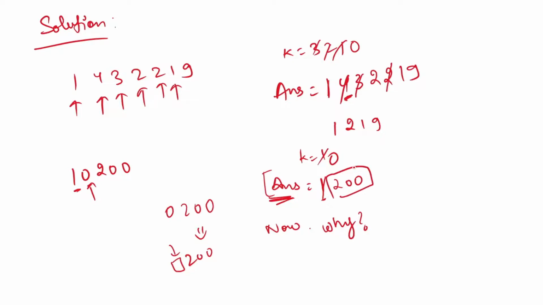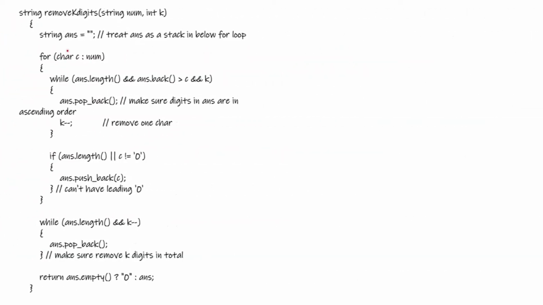So now let's check the code. I am taking an answer string and treating it as my stack. I will traverse the nums array, and if my answer is non-empty, in that case I will check its back. So let's say my answer is 143, so I will check this element, the stack top, which is the answer's back.